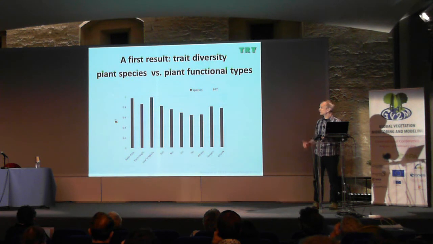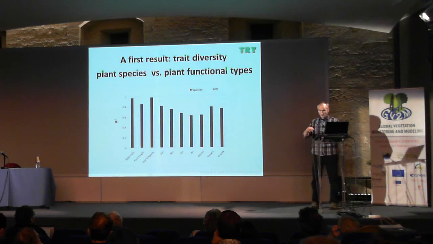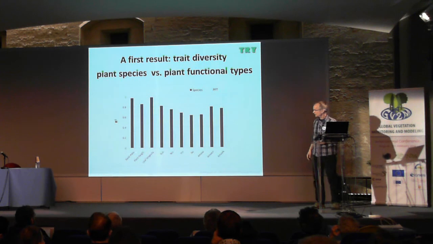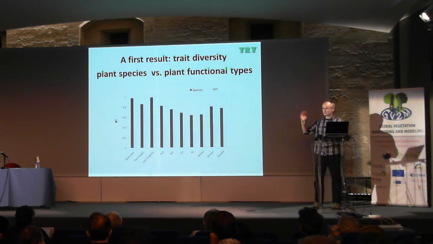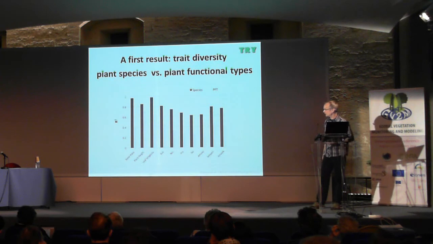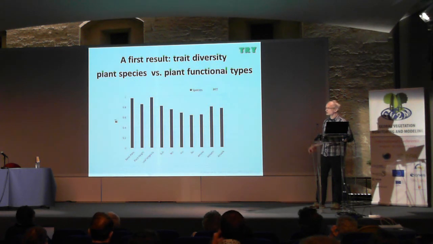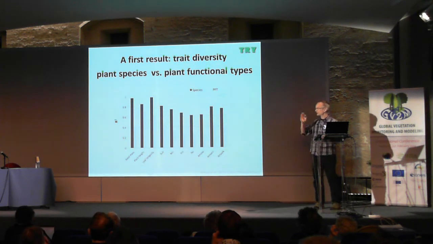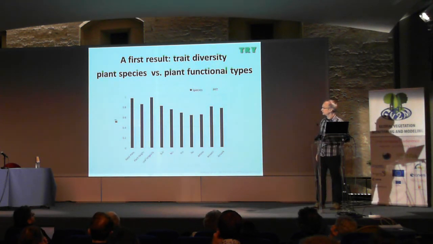And in black is the fraction of variance represented by the different species. If you look at the species, most of the variance of the different traits here, which are specific leaf area, the ratio of leaf area to leaf mass, nitrogen concentration, and photosynthetic capacity, is represented by the different species. So there is small variation within species and large differences between species.